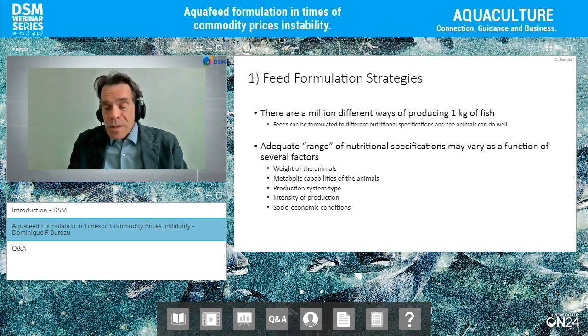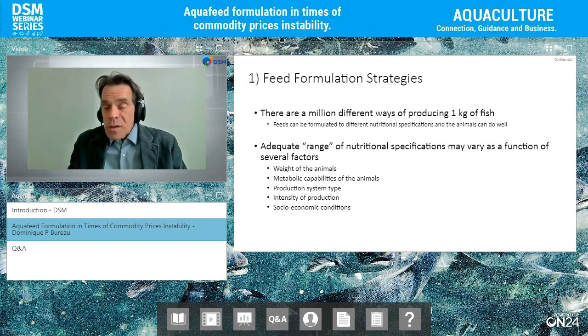It depends on your production system. Are you super intensive or semi-intensive? Well, a semi-intensive system will be a lot more forgiving than a super intensive system, where you're in a RAS environment where feed quality is not only affecting the animal, it's also affecting your production system. So your intensity of production, the type of production system you're using, is key in determining what is acceptable in terms of feed formulation that you can use.